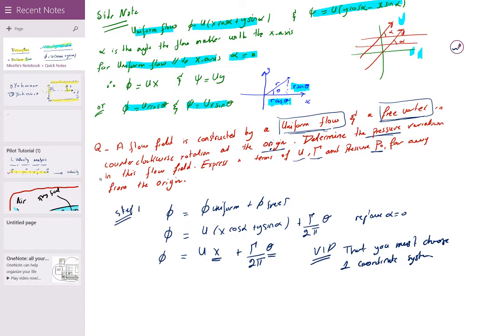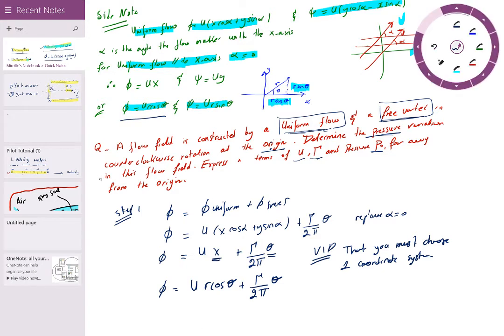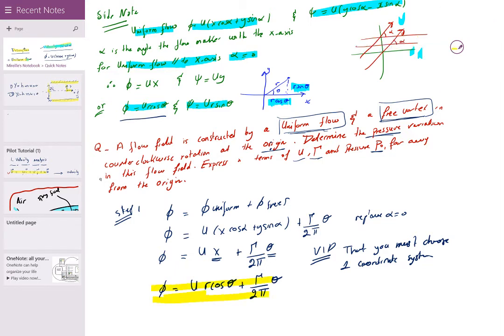The easiest way to overcome this problem is by using this relation here: phi is U r cosine theta plus circulation over 2 pi theta. I reached my first milestone. I would box this because I would get partial marks on this part.